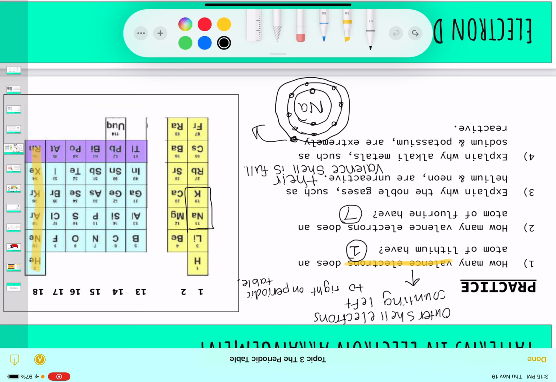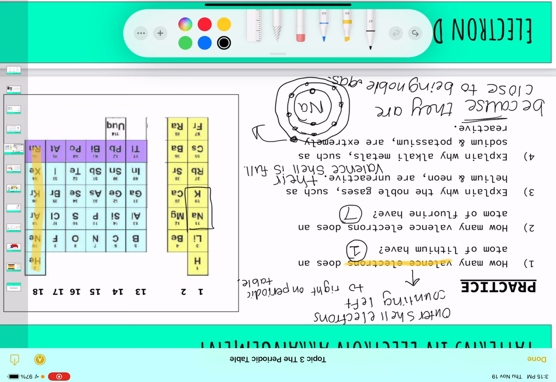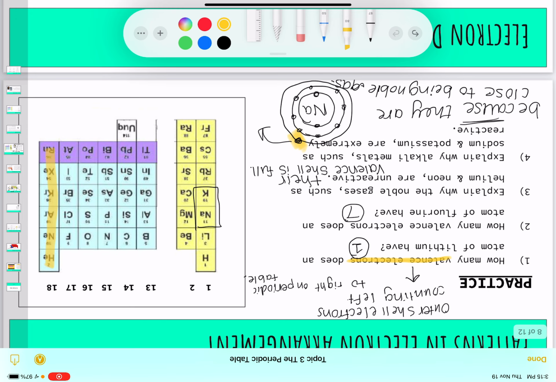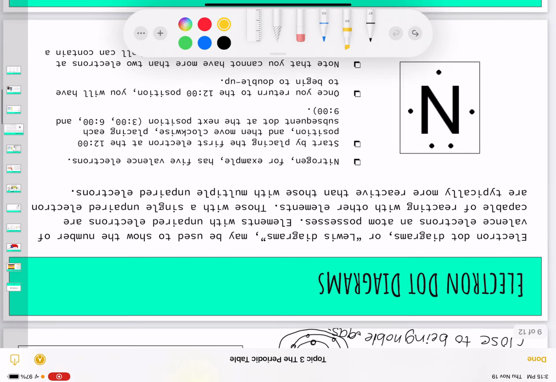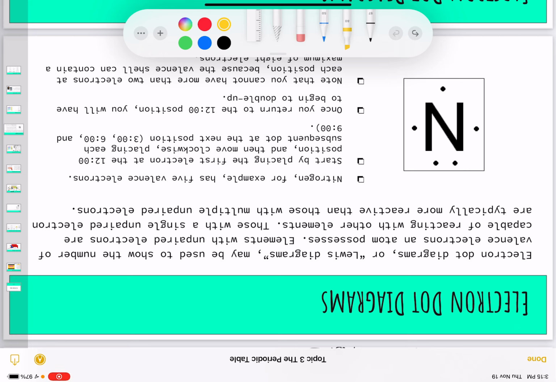They are extremely reactive because they are close to being a noble gas. Just by losing that one piece, they can become a noble gas. If they got rid of this 1 electron, now they're stable. So that's why they're really reactive, because they're so close, they just want to get rid of that electron.